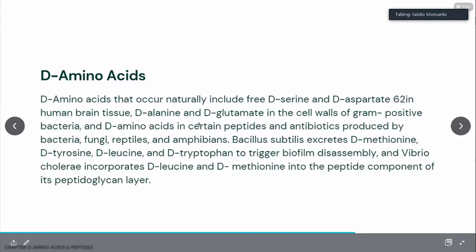These amino acids are found in antibiotics produced by bacteria and fungi.